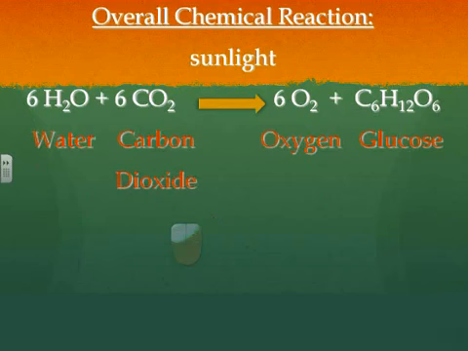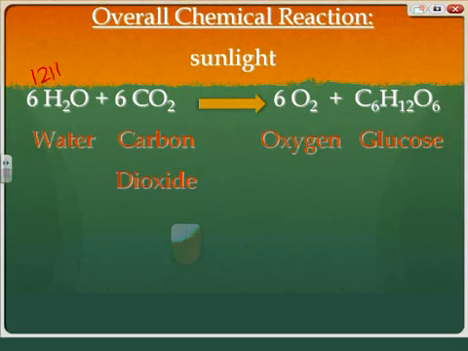Now, notice the balancing of a chemical reaction. If you paid attention, you have 12 hydrogens here, the 6 gets transferred over here. You've got 6 oxygens in that case. You have 6 carbons, and here you've got 12 oxygens. So overall, notice that that's 18 oxygens.